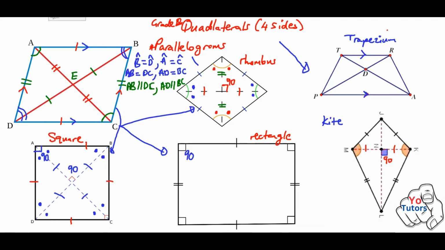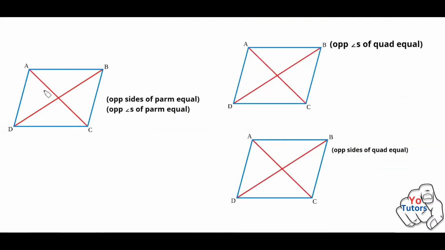Okay, so now let's see what theorems we should learn at this stage. When you look at a theorem, it is something that has been proved. So here, in this case, you are given that it's a parallelogram. They already told you that shape ABCD is a parallelogram.